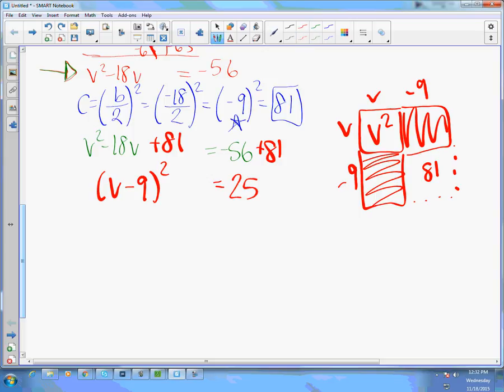Square root. Good. The square root and square cancel each other out. We must square root both sides, and we have to write something: plus or minus. Square root of 25 is 5. So now b minus 9 equals plus or minus 5.